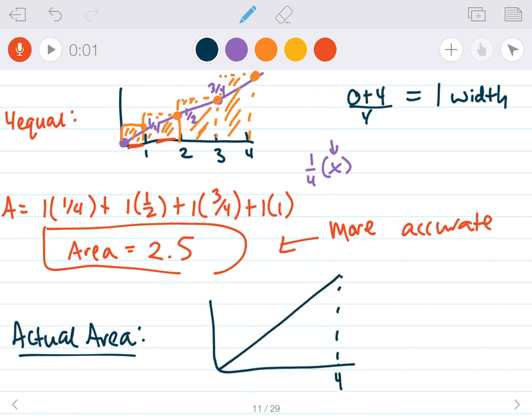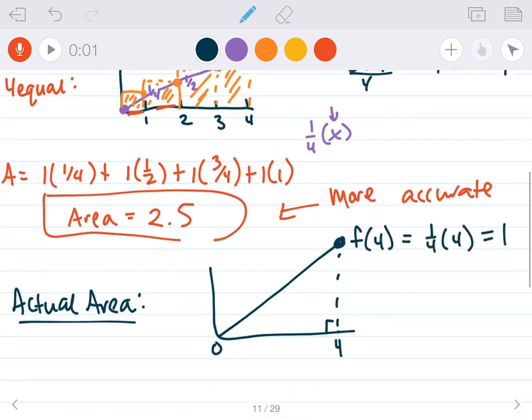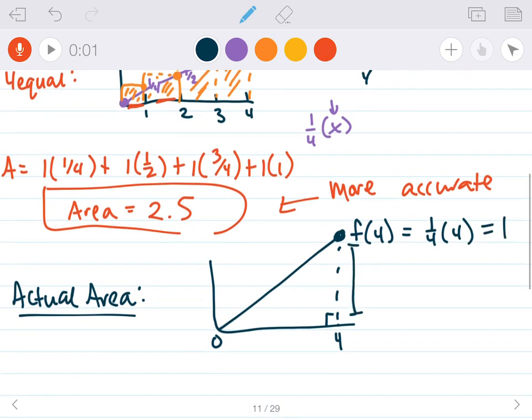So we know that the width of the triangle is going to be 4, right? Because we're going from x equals 0 to x equals 4. And this height right here is f of 4, which is just 1/4 times 4, which is 1. All right. So this is a height of 1, base of 4.